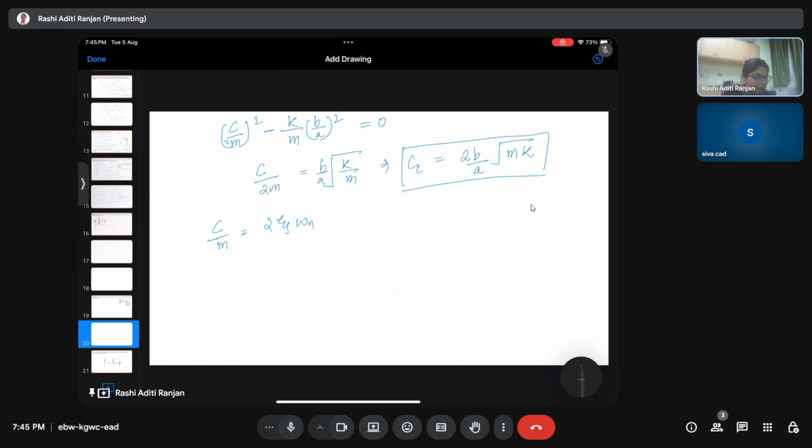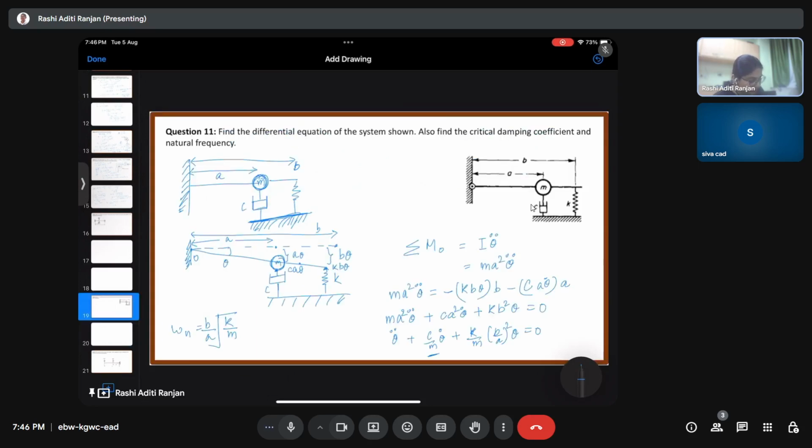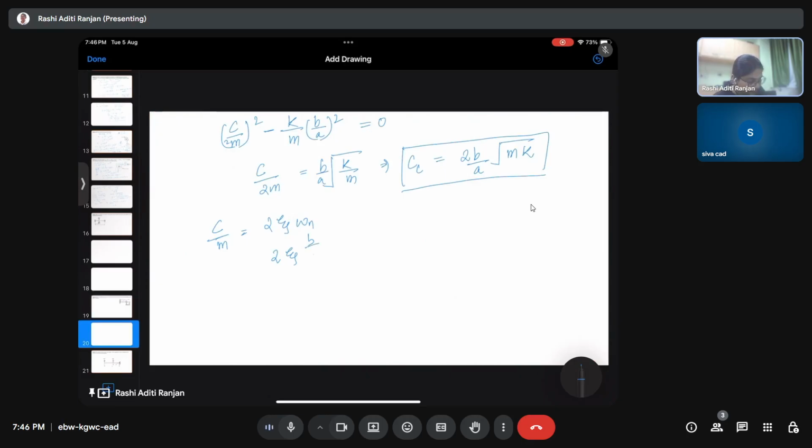If you want to write it in this way, we have 2 eta and omega n as B by A under root of K by M, so we can get eta as nothing but C by M into 1 by 2 B by A under root of MK.